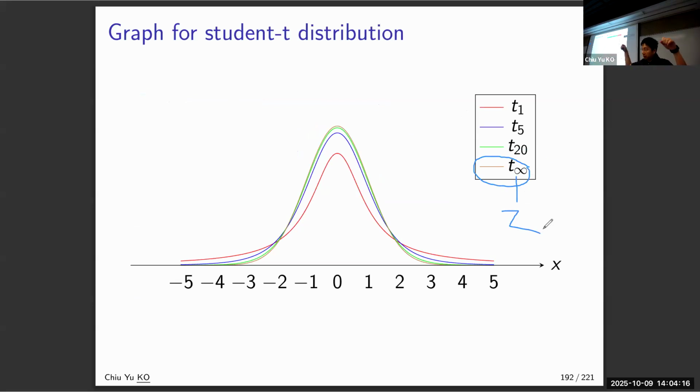Basically, compared to the standard normal, you're getting thinner and shorter in the middle, but fatter at the two ends, okay? And the bigger the m is, the closer it is to the standard normal.